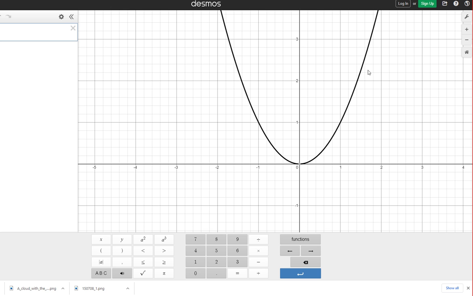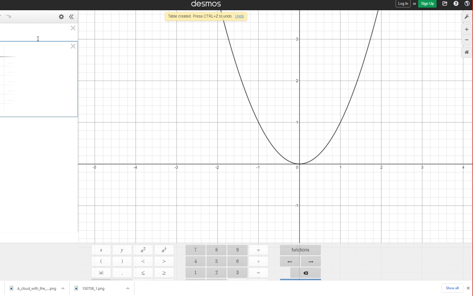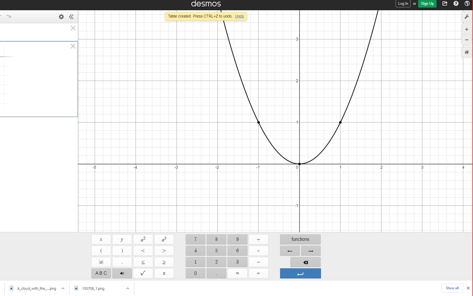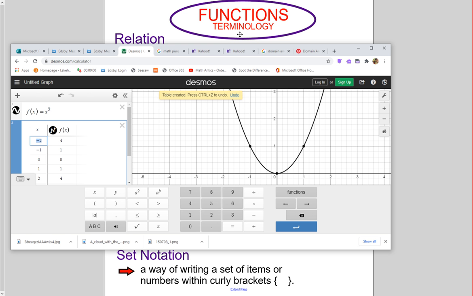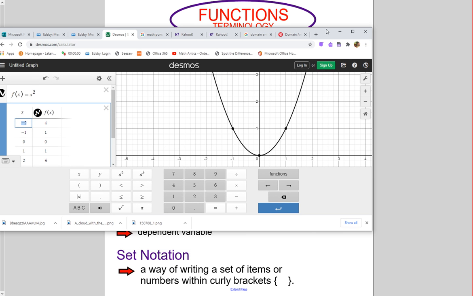Now I can have a look at this and I can say, can I plug in any x value for this? And the answer is yeah, I can plug in any x value for this. One second, I'm just going to move my screen over a little bit here so you can see what I'm doing.